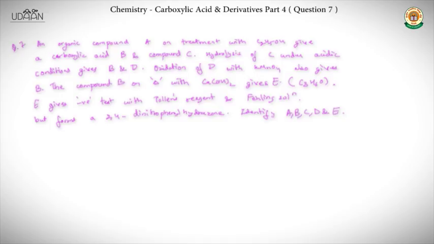The basic approach to solve this kind of paragraph question is, first of all, to write the reactions in terms of A, B, C or whatever they are given in a raw form. A with C2H5OH gives B plus C, where B is a carboxylic acid.